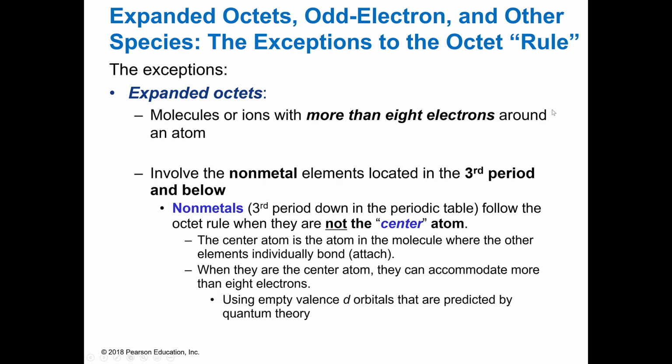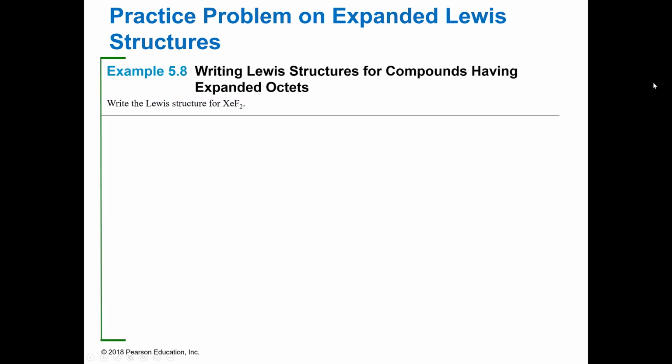And then it could also be an expanded octet where you have more than 8 electrons around an atom. Remember though, it's going to be the central atom, because only the central atom can violate. All right, so the best way to look at this is to do one.